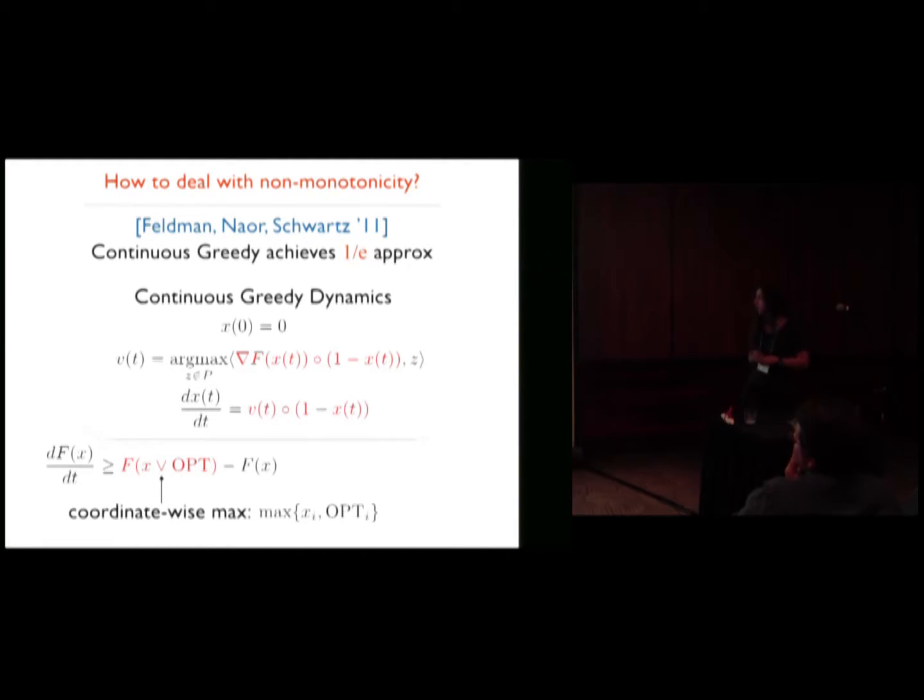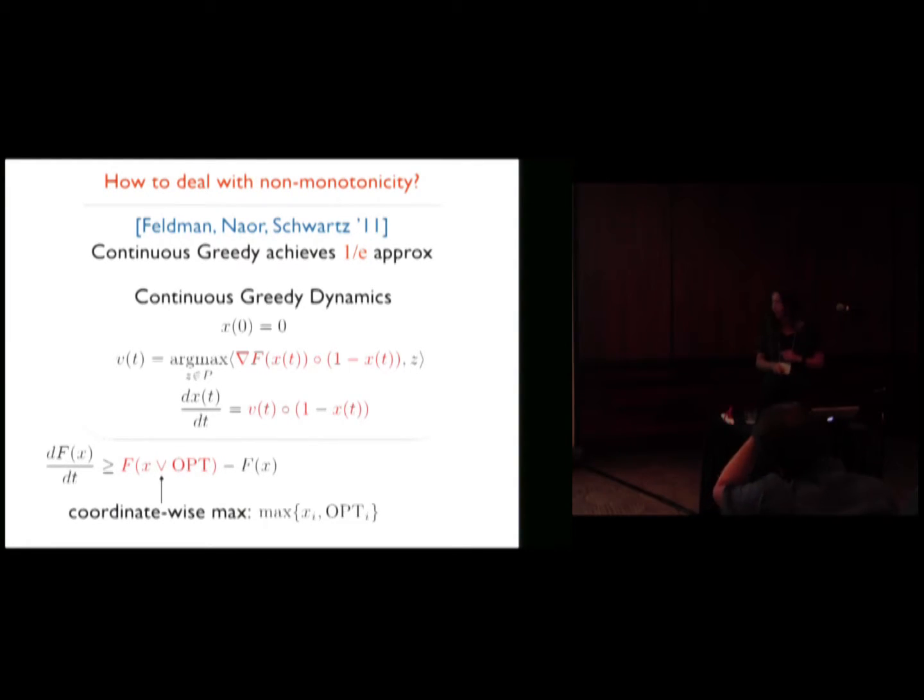So now a lower bound on our growth is actually given by this point, which is not the optimum, but it's the pairwise maximum between the optimum and x. So I call that x or opt. So after multiplying by 1 minus x, we can show that the function value is increased by at least f of x or opt minus f of x.